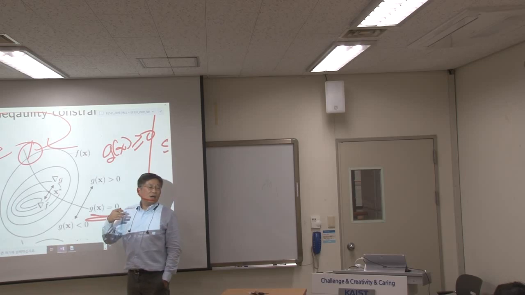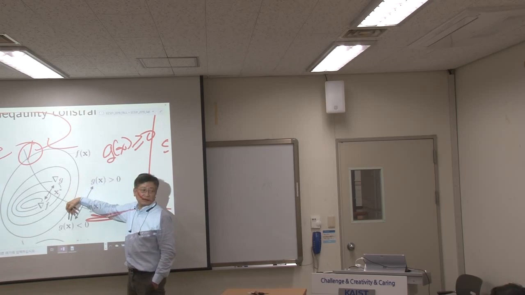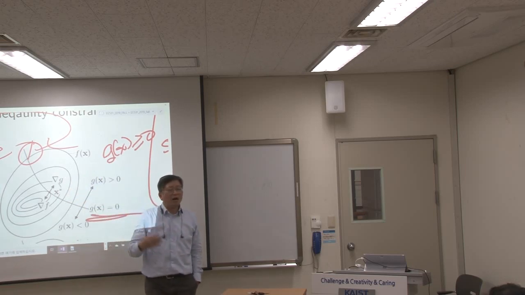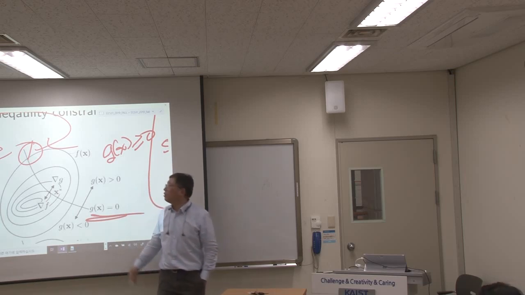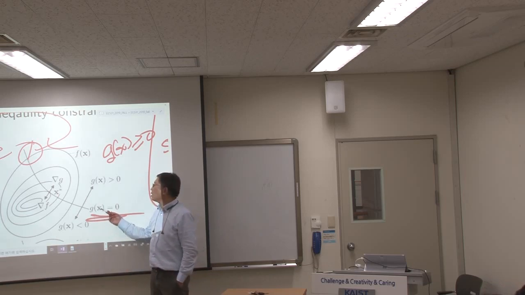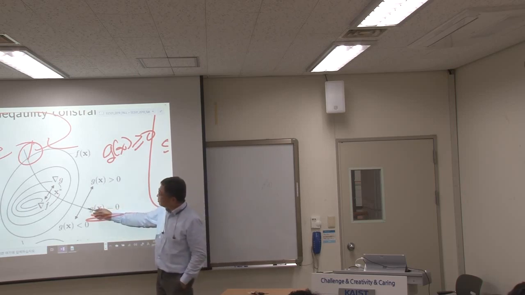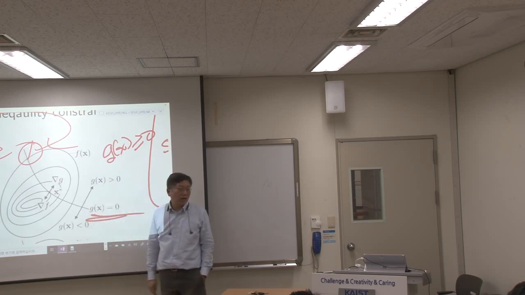What is my objective? I want to maximize f(x), and I want my g(x) to be non-negative. So where is the solution? At which value of g(x) would the solution lie? g(x) equals 0.